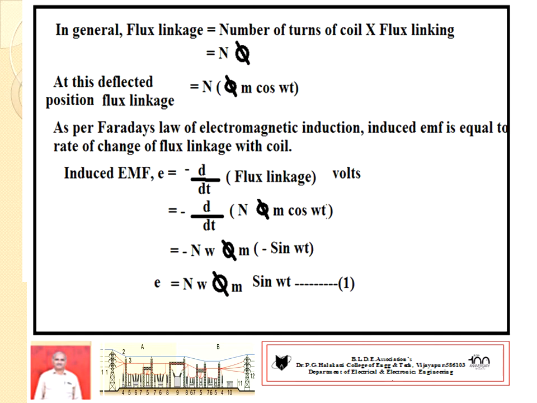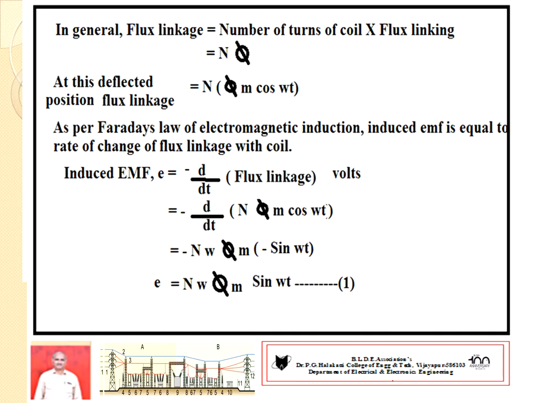In general, the flux linkage is given by the product N into φ, that is the number of turns of the coil into the amount of flux linking with the coil. But for the actual deflected position of the coil, the flux linkage is N φ, where φ equals φm cos ωt, because the perpendicular flux linking with the coil is φm cos ωt.